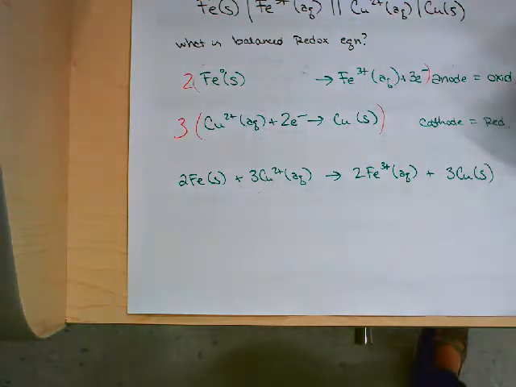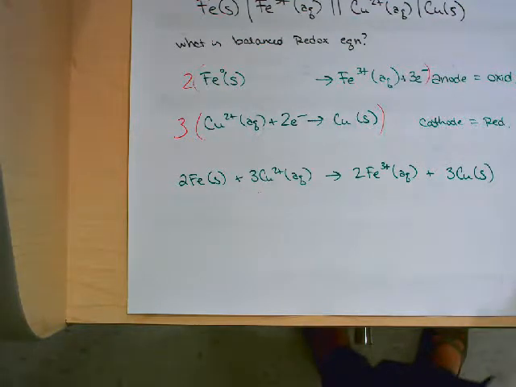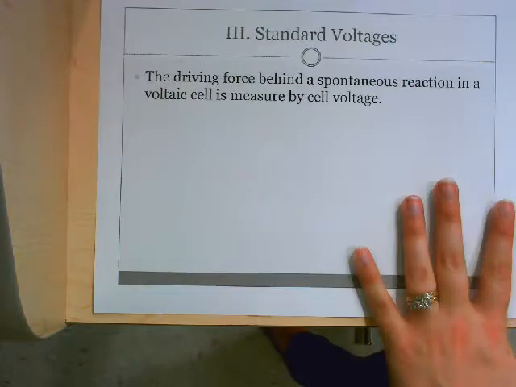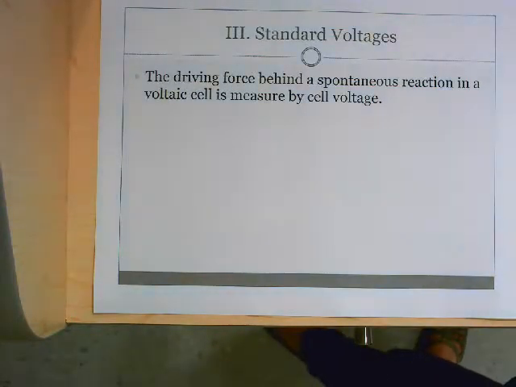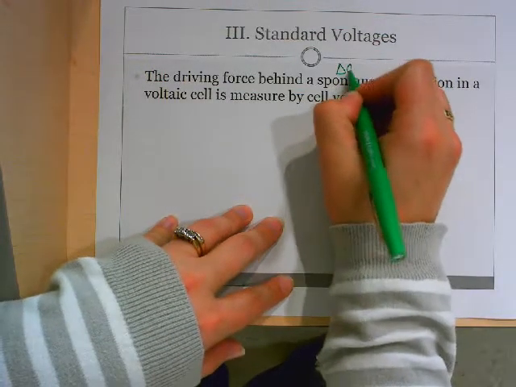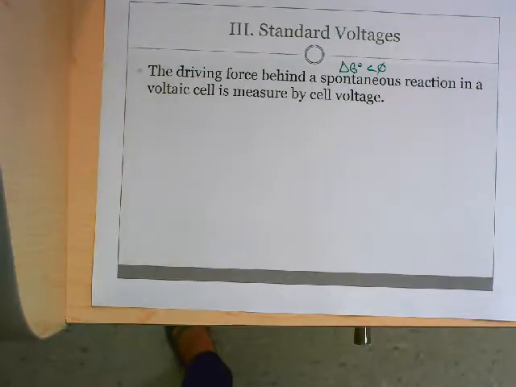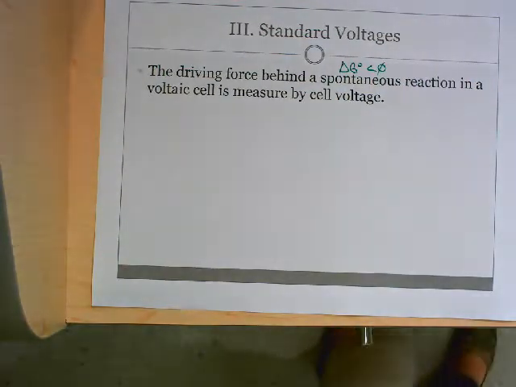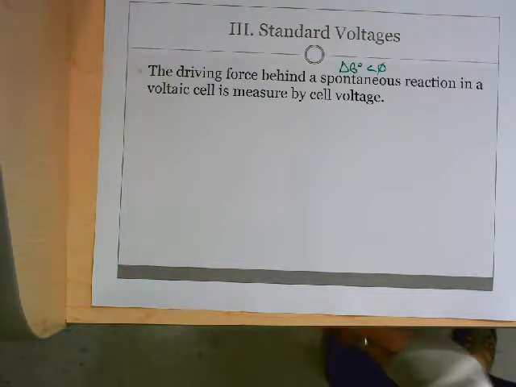Alright, well, let's talk about what's next. Ooh, calculations. Alright, so the driving force behind a spontaneous reaction, if it's spontaneous, what's its delta G value? Greater than 0, less than 0, or it is 0? Okay. So the driving force behind a spontaneous reaction in a voltaic cell is to be measured by what's called cell voltage.